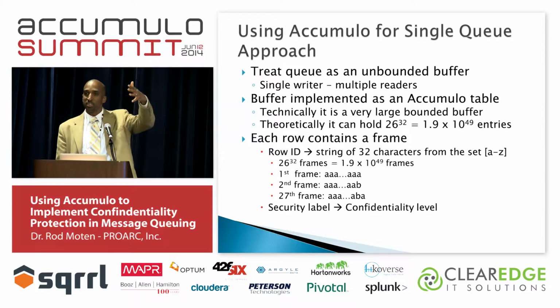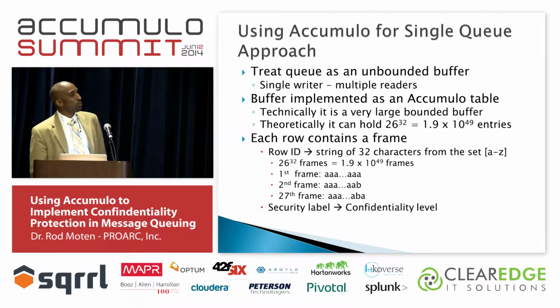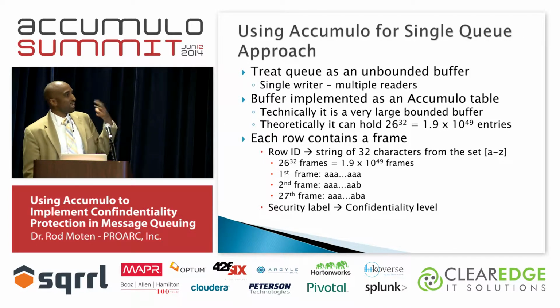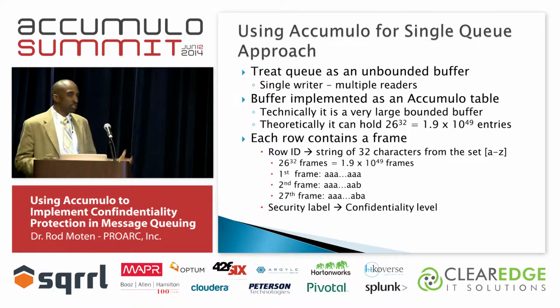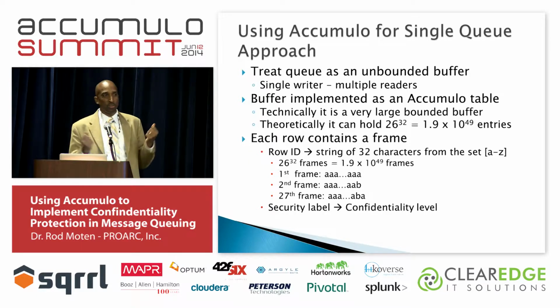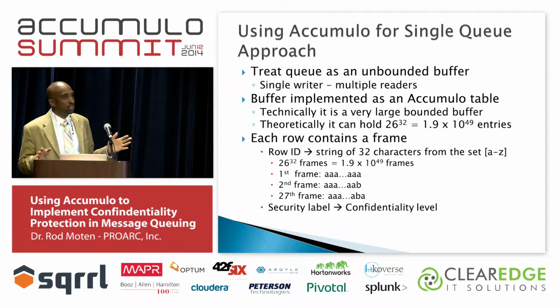I have a former student here, and I remember we always spent a lot of time on this. You basically have an unbounded buffer problem where you have a single writer and multiple readers. Usually in that problem, you have to do a synchronization on the size of the buffer. But when it's unbounded, you don't have to do that synchronization.